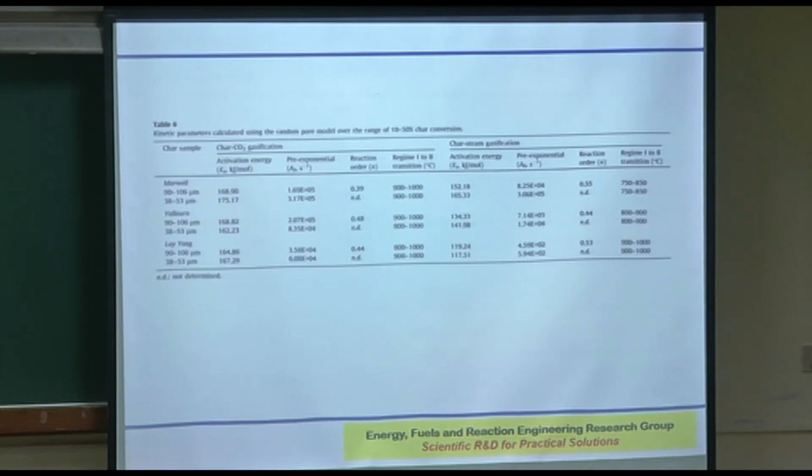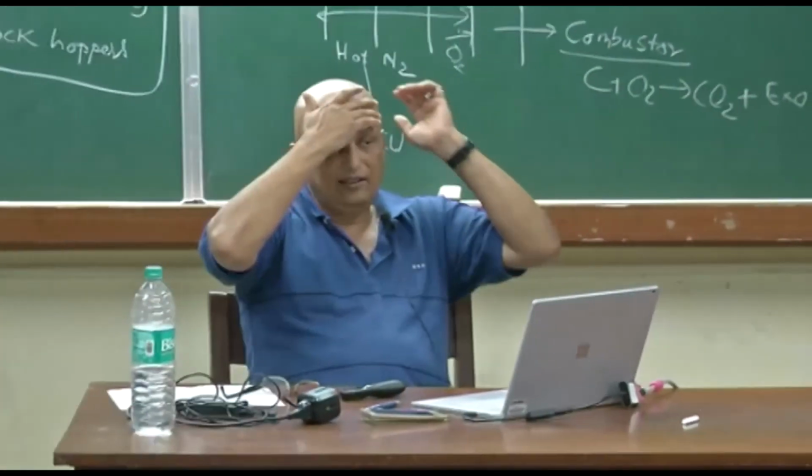So it is also important that from simple TGA experiments, provided you know how to do it, you can get the reaction order also. So you know everything that will go into your CFD. And you need all 3 in your CFD, right? So that's basically it. That's the one I wanted to show because Saurav raised it.